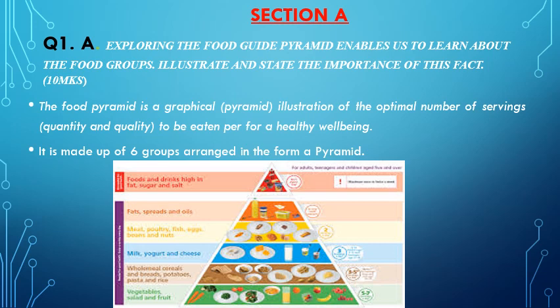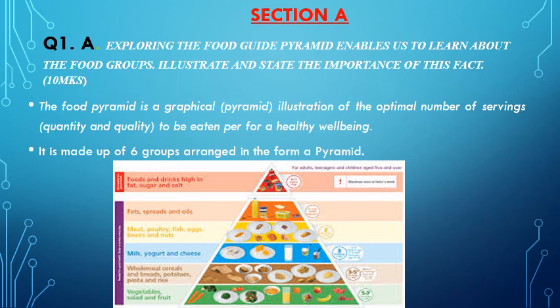Then you have fats, spread and oil, and finally at the top of the pyramid you have sweet foods or drinks that have a high content of sugar or salt.